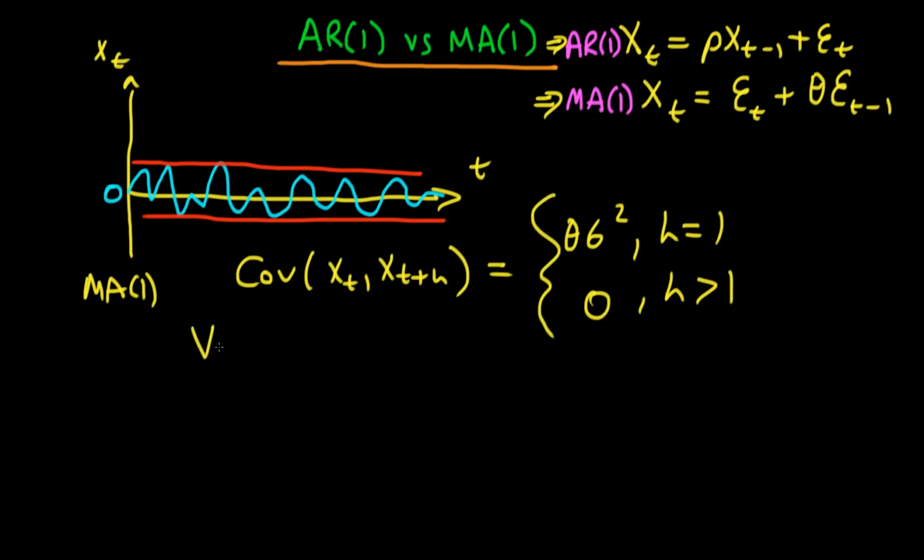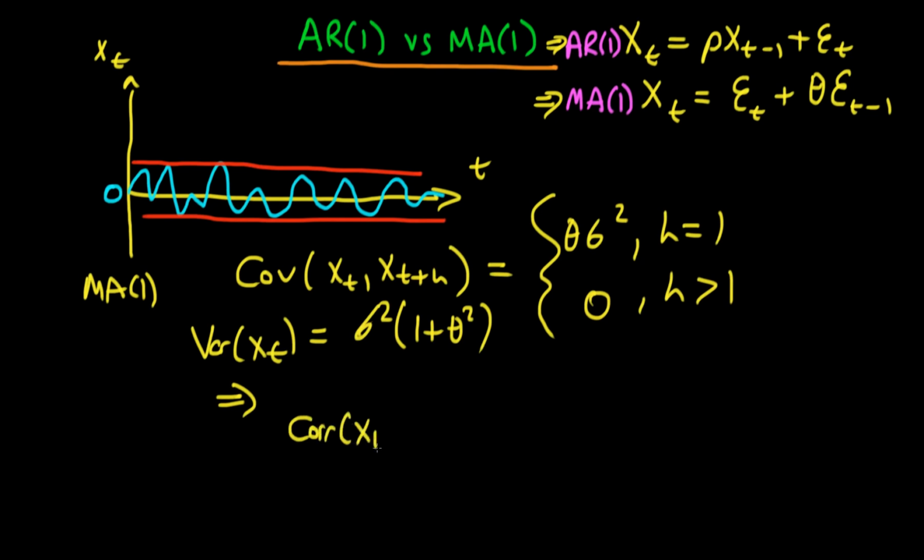Furthermore, we derived the variance of our process. The variance of xt was just equal to sigma squared times 1 plus theta squared. That was just what we derived before. So combining these two things allows us to come up with the correlation of xt with xt plus h.